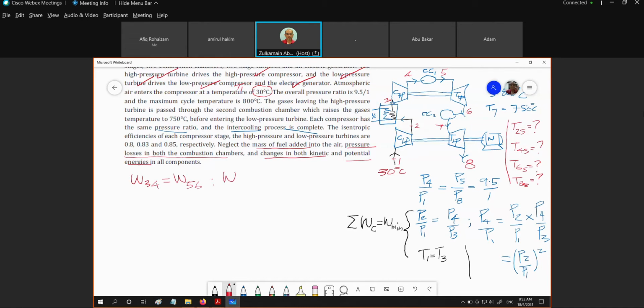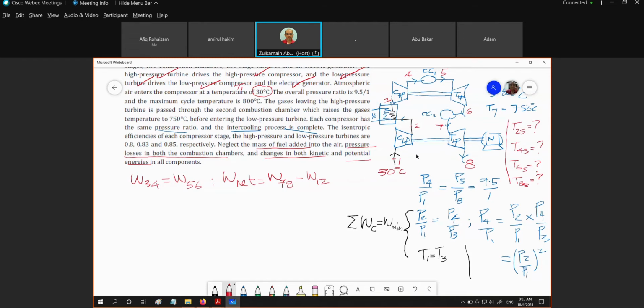What is the W net? The W net, which is the W for the electrical generator, equal to the W for the low pressure turbine 7-8 minus the W for the high pressure compressor, which is the W12. So as far as the work relationship is concerned, looking at the shaft, which turbine drives which components, we could write the first equation and the second equation. Okay?